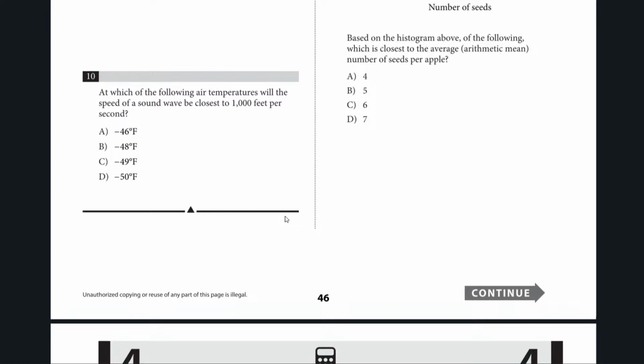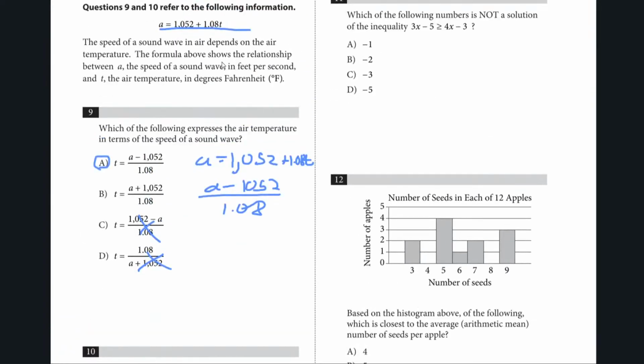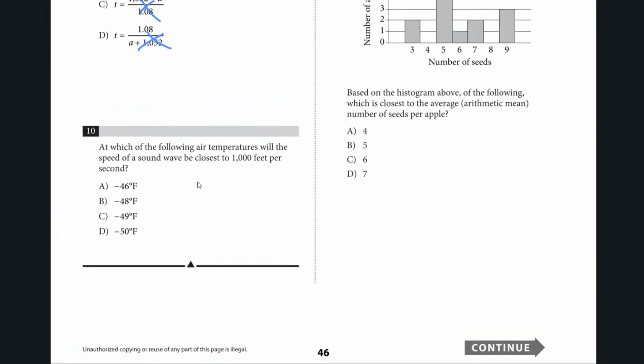At which of the following air temperatures will the speed of sound be closest to 1,000 feet per second? So the speed of the sound wave is A. So when is A 1,000? At what air temperature? So we have 1,000 is equal to 1052 plus 1.08 T. We subtract the 1052 over, and that gives us negative 52.